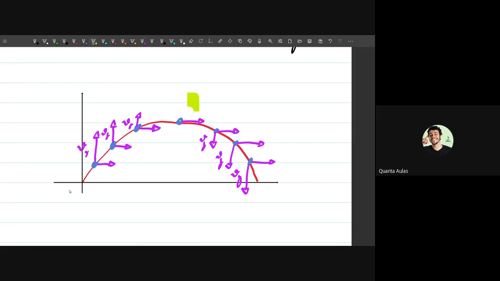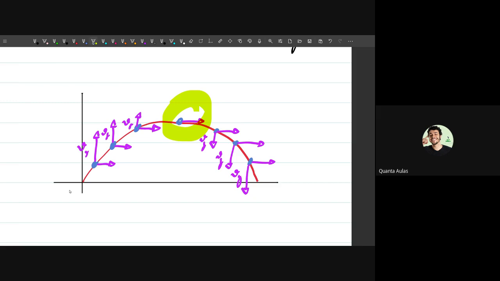Only in this position we don't have this, at the maximum height. So you just want to know what's the velocity in this position, the modulus, the absolute value of the velocity, the minimum velocity.